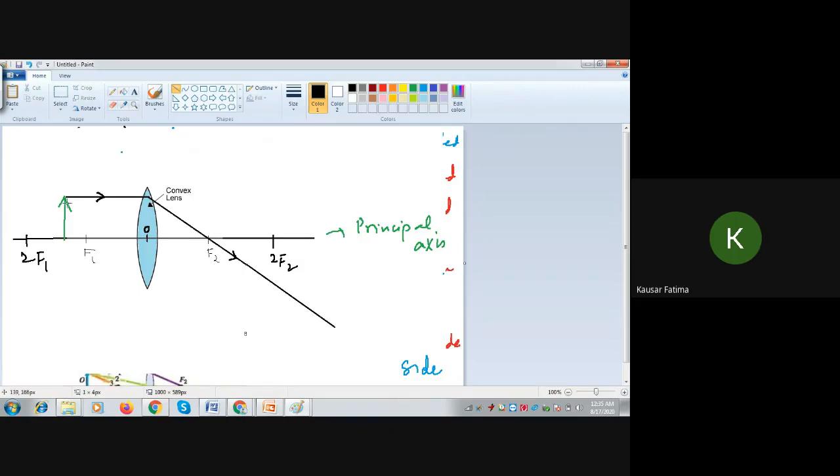The ray which comes towards the optical center, I should have made this a little longer. This is the point where the two rays are meeting. I have to elongate the optical center.